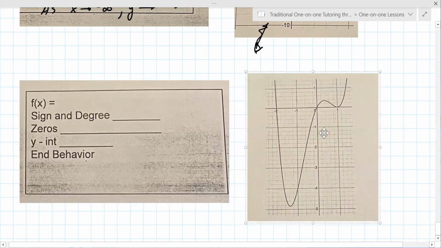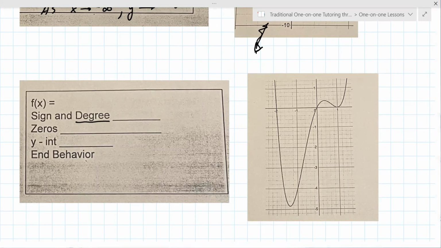So, this one's a little bit different. This one goes down and it comes up, it goes down. The correct way to figure out the degree is to look for the number of turning points. So how many turning points are there? That's a turning point, that's a turning point, and that's a turning point.